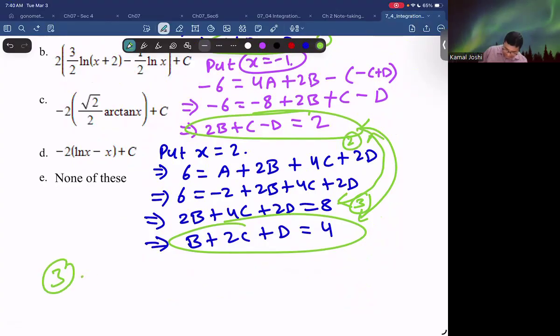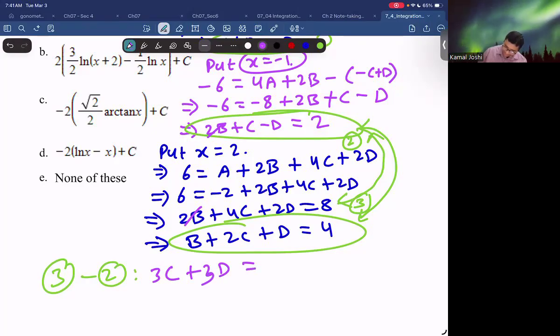Equation 3 minus equation 2 will give me b and b will cancel, 2b, 2b. 4c minus c is 3c, plus 2d minus d would be plus d. Sorry, 3d? No, 2d minus d... plus 3d equals 6.